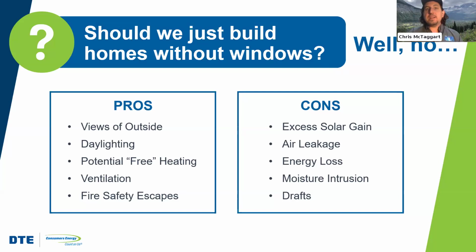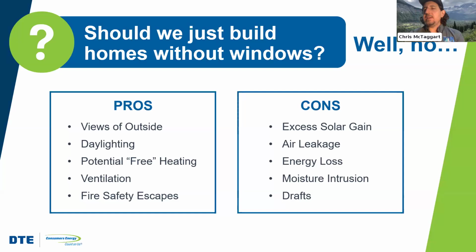The other pro of windows is that in the optimal season, we can use them for ventilation and even a little bit of free cooling. So not today, and maybe not for the next couple of weeks, because boy, is it hot and humid, at least here in Southeast Michigan. But let's imagine that it is a September evening and it was kind of hot during the day.